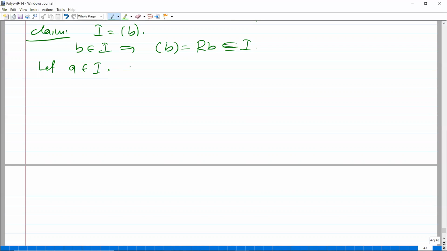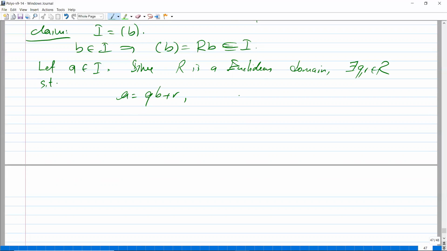Since R is a Euclidean domain, there exist Q and R in R such that we may write A is equal to Q times B plus R, where either R is equal to 0 or d(R) is less than d(B).